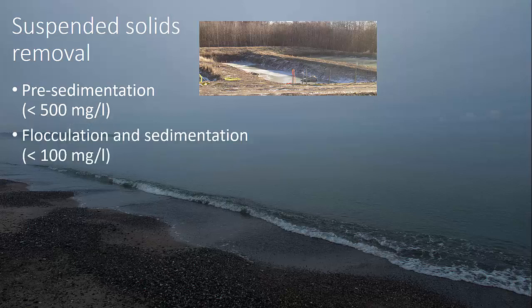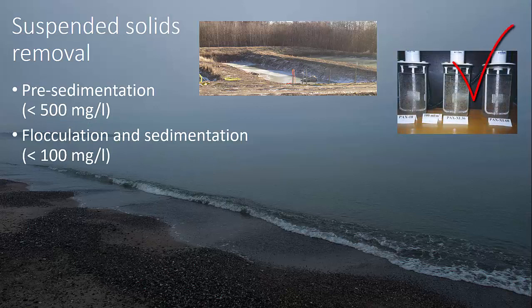Then, for the next step, you use flocculation and sedimentation. You can see the picture here of some tests we did many years ago. Again, you can do them today again, where we tested different flocculants. But basically, flocculation is used to enhance the very, very fine particles that you will have from a drilling mud, so you get larger particles so you can have decent sedimentation times.